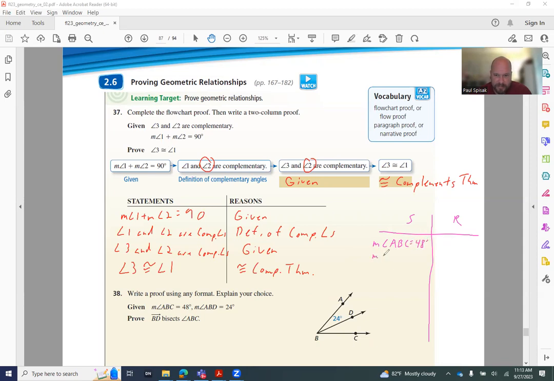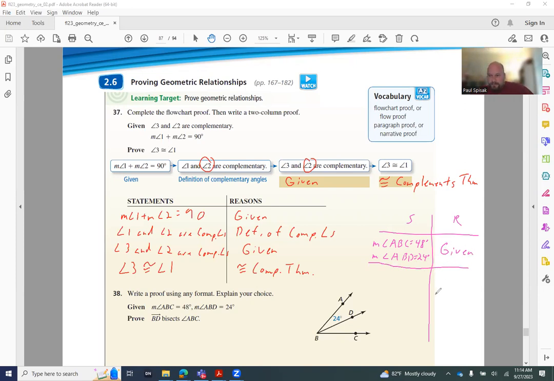And they said the measure of angle ABD equals, almost put 48 again, 24 degrees. Again, both of these statements were given.